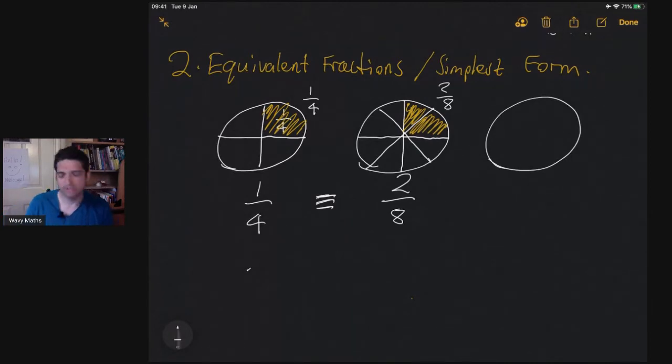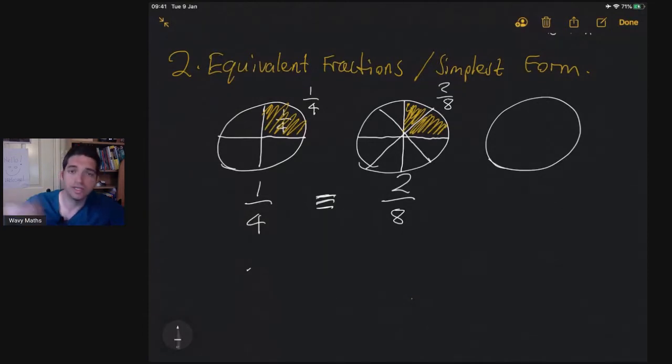Now, why do we need to eat twice as many pieces? Because we don't want to keep drawing the diagram. It would be good to just have a rule of how to find equivalent fractions. If you think about it for a minute, the reason we had to eat 2 pieces the second time is that in the second one each piece was half the size. Because we cut it up into 8 pieces, we've doubled the number of pieces, so the size of each piece has become twice as small.